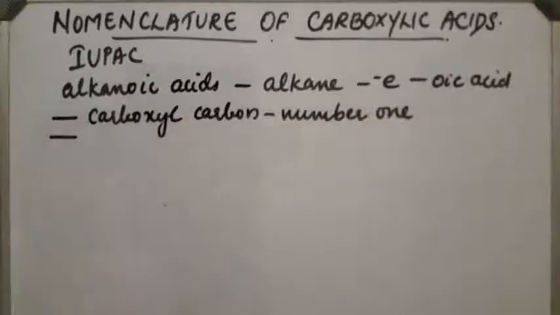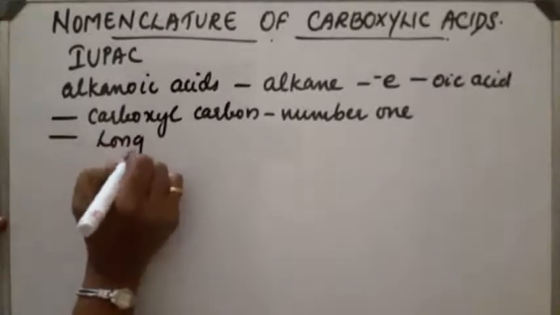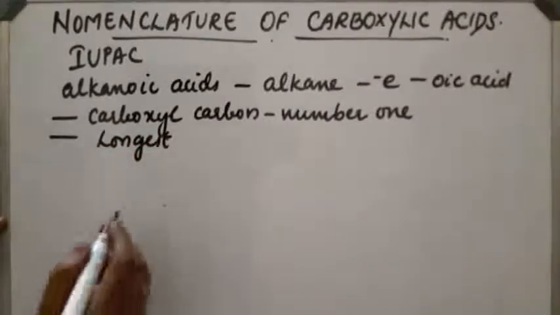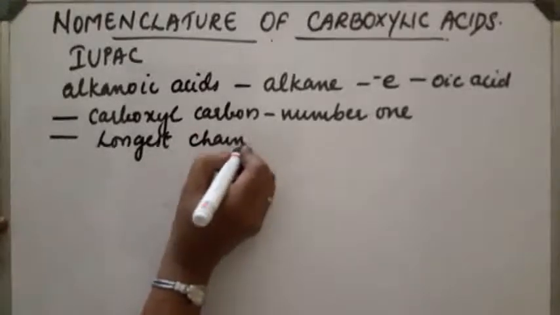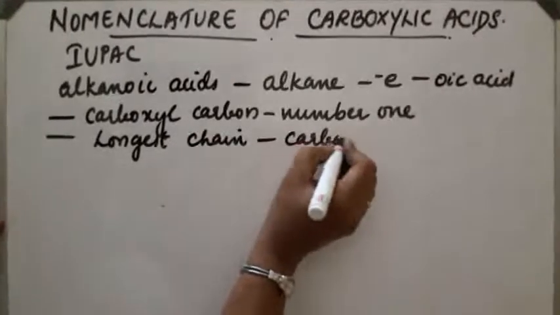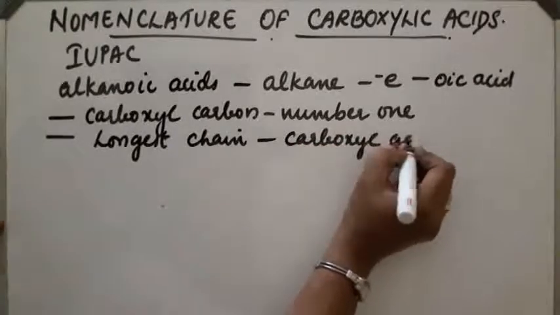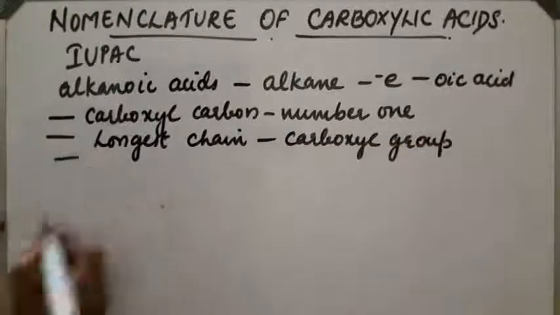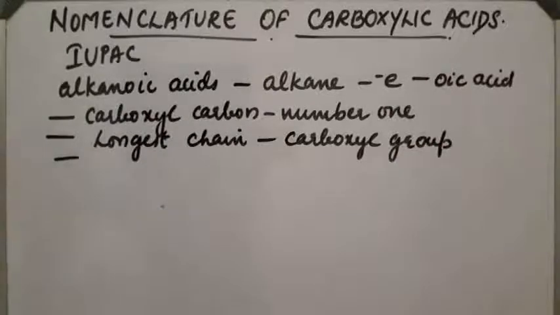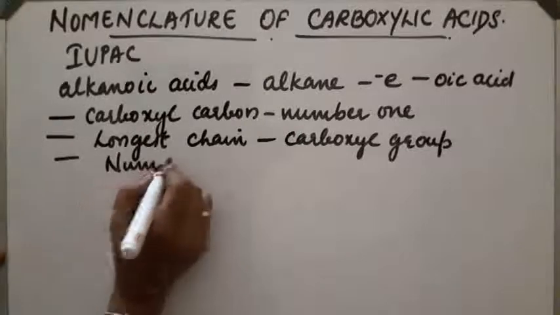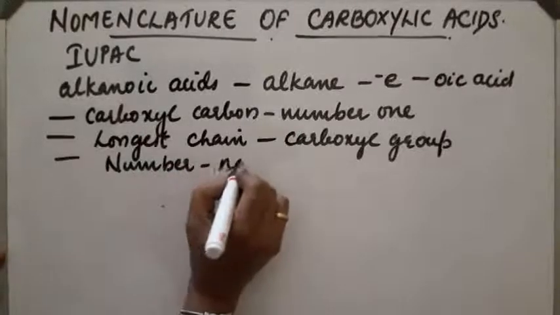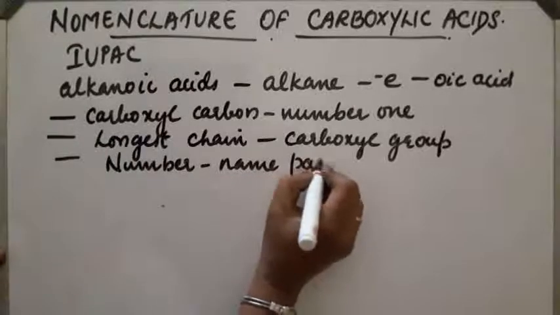Third point, while naming the compound, the longest continuous chain containing the carboxyl group is selected. The longest chain will be the chain containing the carboxyl group. Next point, the number of carbon atoms gives the name of the parent alkane.